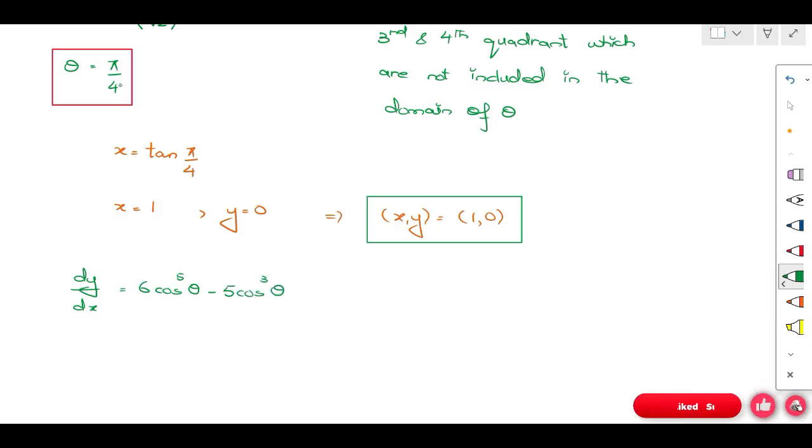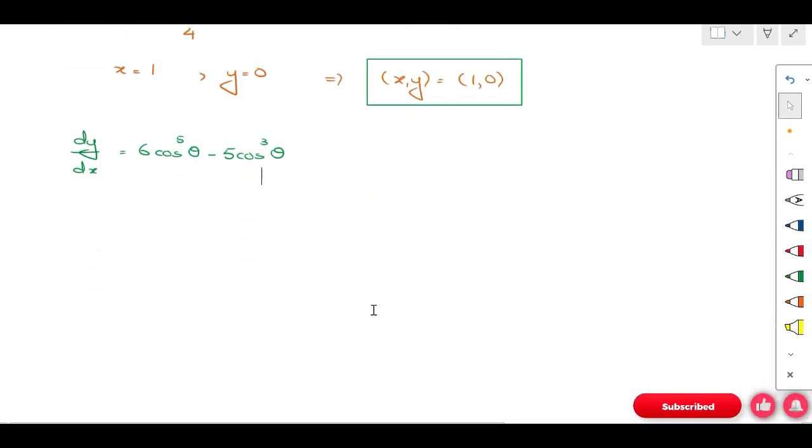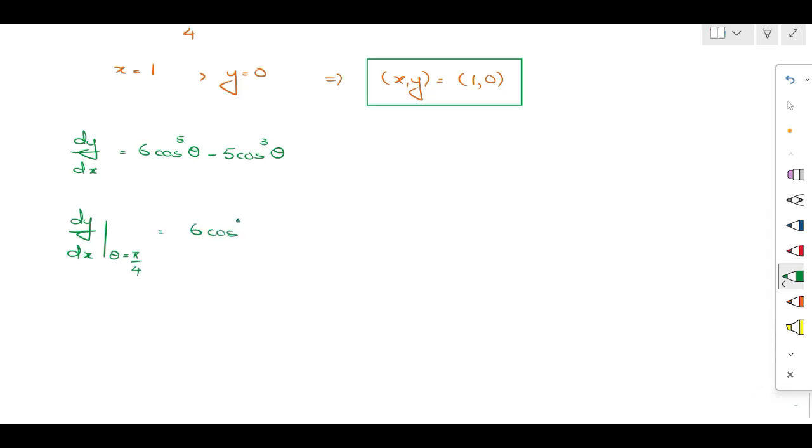Substitute theta equals pi by 4 and you will get dy over dx at theta equals pi by 4. This is equal to 6 cos 5 pi by 4 minus 5 cos cube pi by 4.